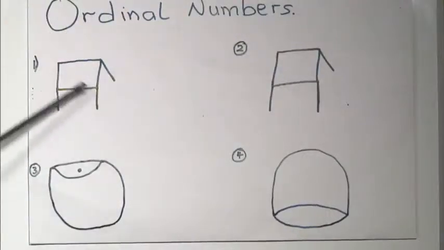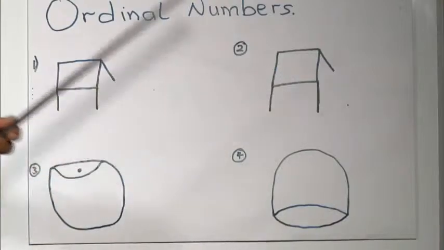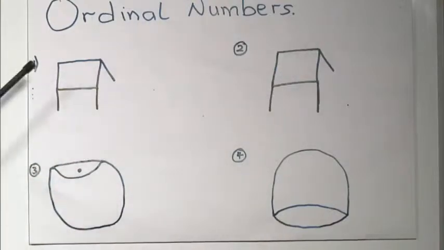Now, looking on the board, which of these diagrams was drawn first? We have 1, 2, 3, 4. Which of them was drawn first? Yes, number 1.